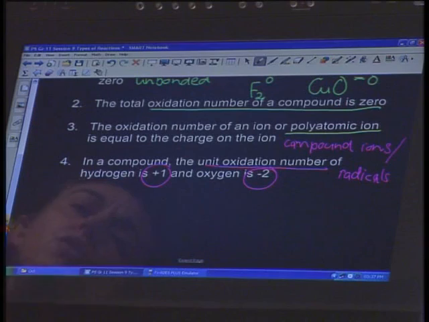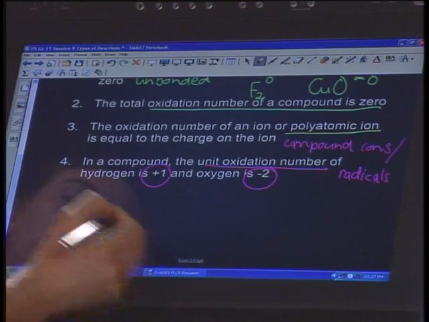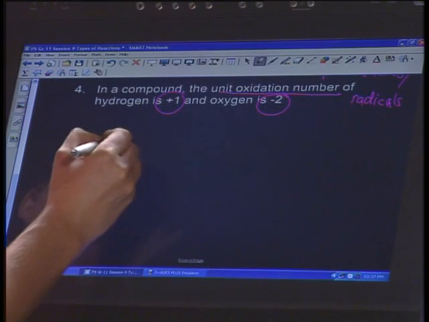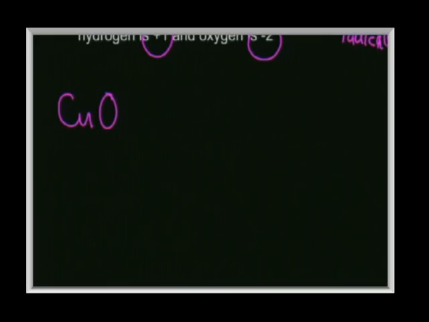So if I look at these 4 rules and I apply them very quickly over here to 1 or 2 examples, we will notice the following. If we use the example of copper oxide again, now the overall oxidation number must equal 0. The rule tells me that oxygen has an oxidation number of -2. So if I wanted to find the unknown value for copper, I could do it in a simple mathematical equation.